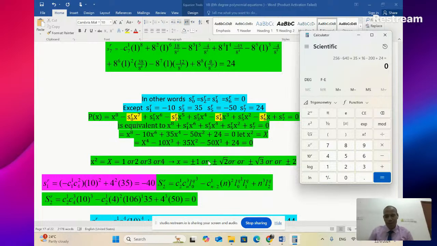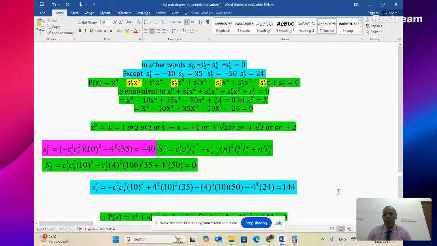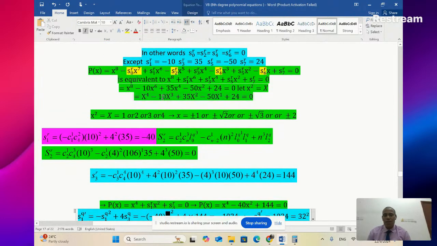Now I will go back to prove that x equal 1, 2, 3, 4 are the roots of this polynomial to the power 4 using the discriminant formula. What you should do is find the coefficients of this polynomial to the power 4. You can see now L0 is going to be 10, L1 is going to be 35, L2 is going to be 50, and L3 is going to be 24.